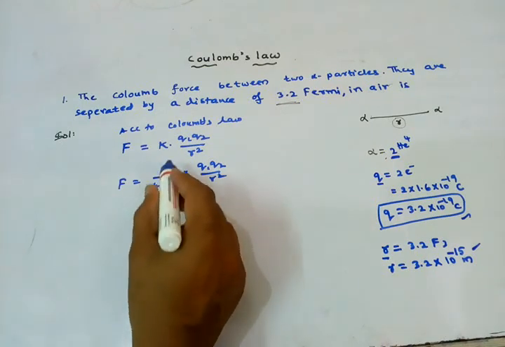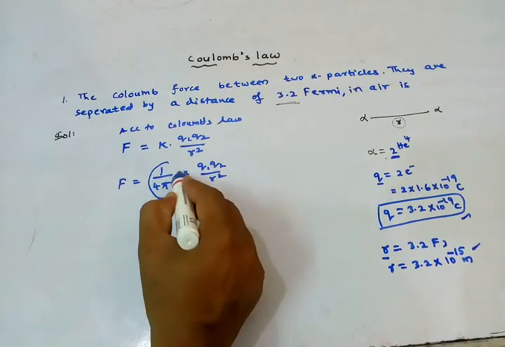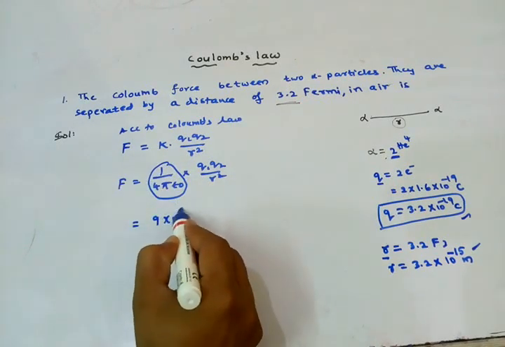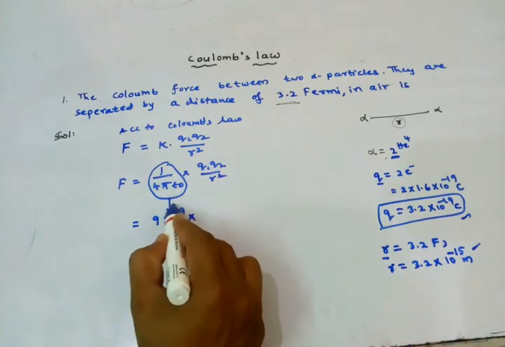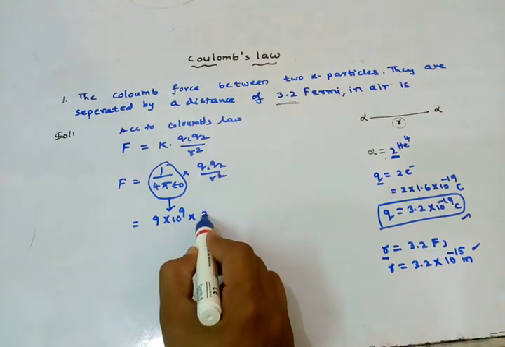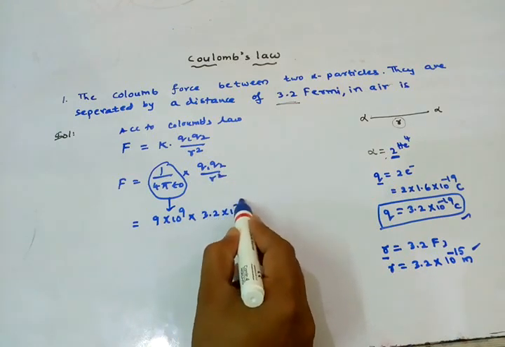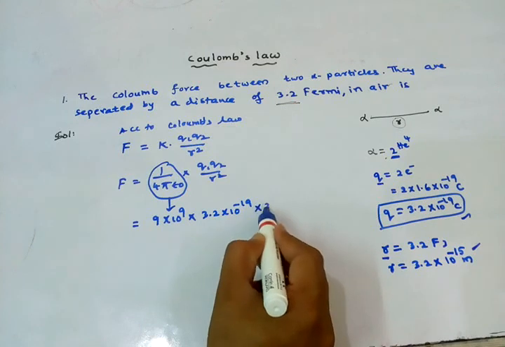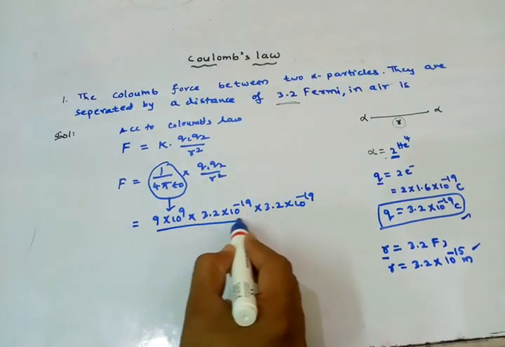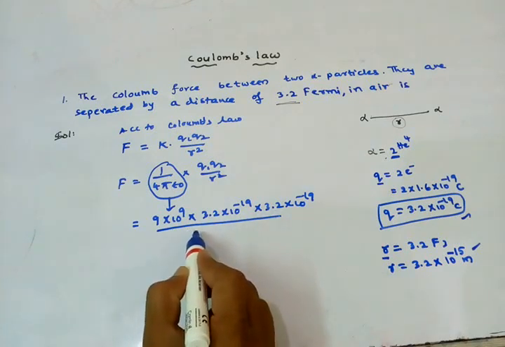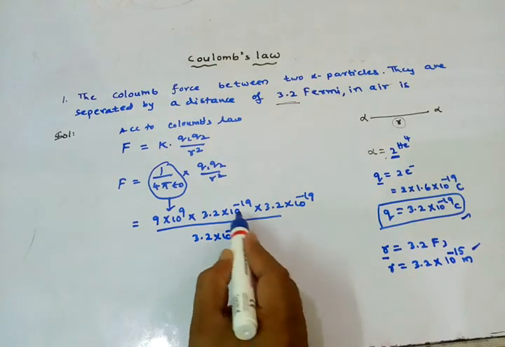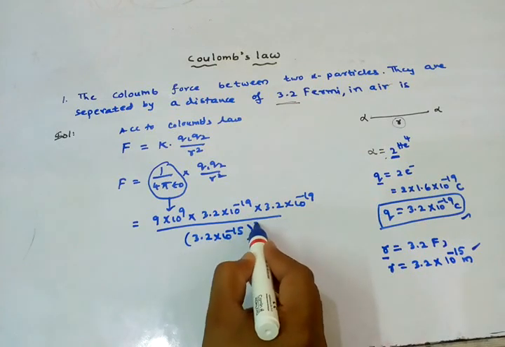Here 1 by 4 pi epsilon naught, value 9 into 10 power 9, is substituted. Q1, the first alpha particle charge, is 3.2 into 10 power minus 19 coulombs, Q2 is 3.2 into 10 power minus 19 coulombs. The distance between the two alpha particles is 3.2 into 10 power minus 15, and r square means the whole square.